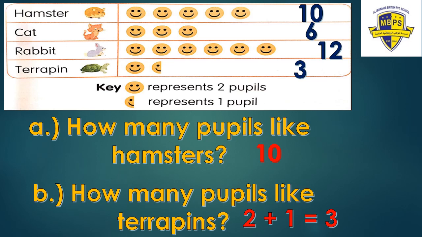Let's go to the next one, B. How many pupils like terrapins? Now we saw that one full happy face is equal to 2 pupils and half happy face is equal to 1 pupil. So 2 plus 1 is equal to 3. Excellent, children.